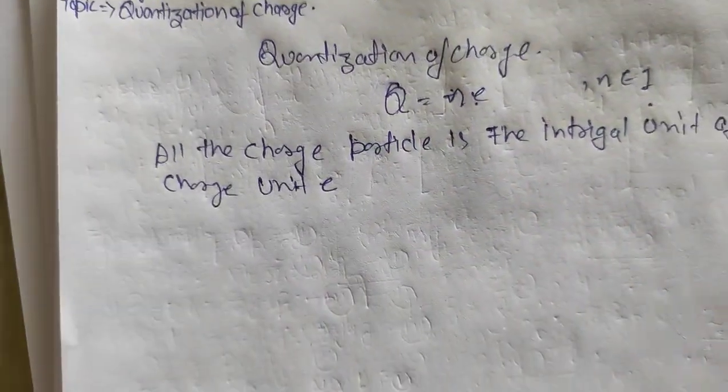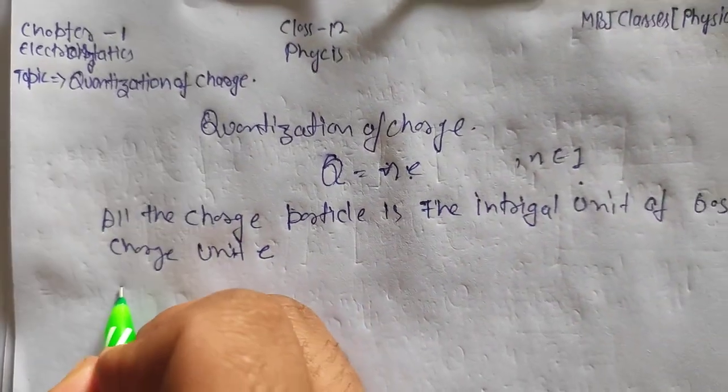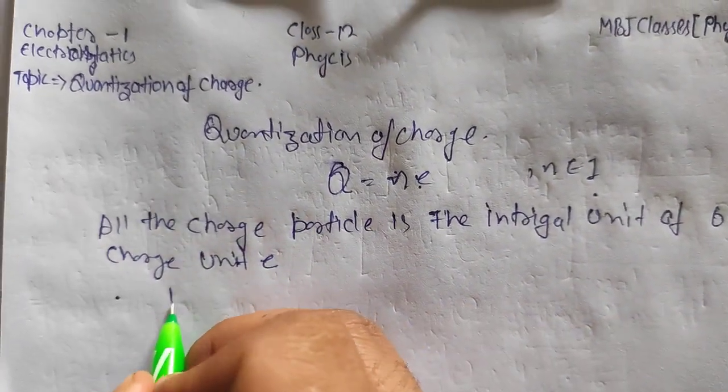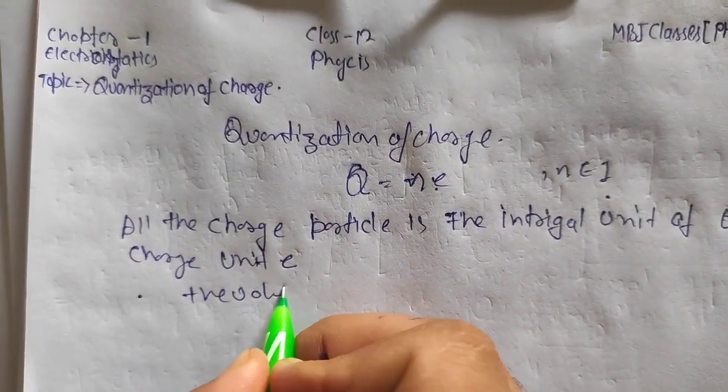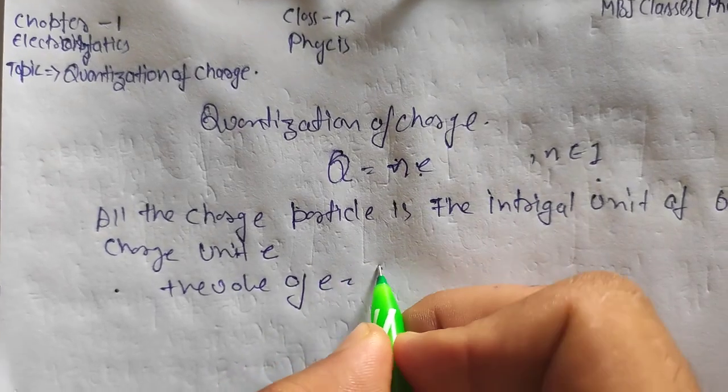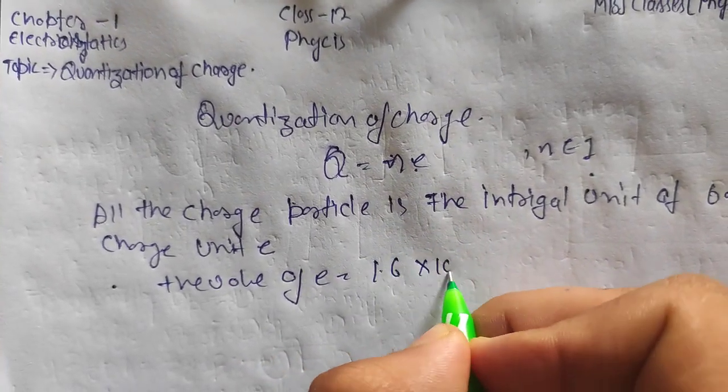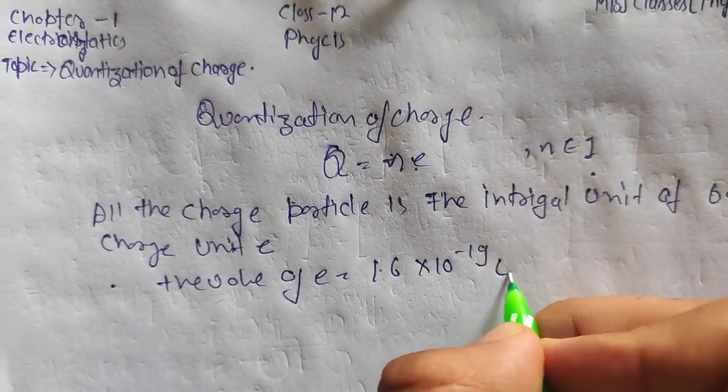Okay, basic charge unit e. And the value of e is 1.6 into 10 to the power minus 19 coulomb.